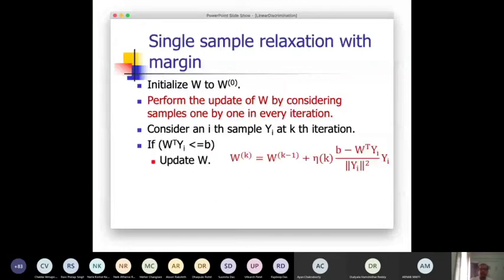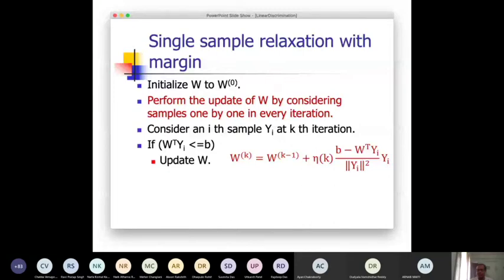Immediately we are updating, considering the ith sample itself, and we go on doing this for every sample in turn. All the samples are taken in turn, and it will go on iterating, using the same sample over and over again when its turn in the cycle comes.